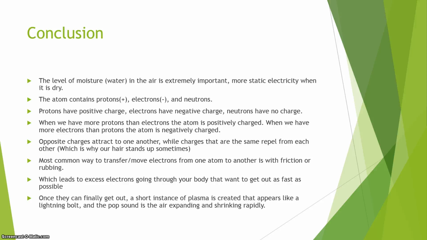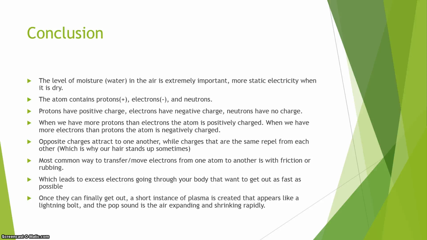And opposite charges attract to one another, while charges that are the same repel from each other, such as when our hair stands up. We have no idea why it does, but now we do. And the most common way to transfer or move electrons from one atom to another is with friction or rubbing. Some scientists have said it's not the actual action of the friction, but rather that it's increasing the surface area.